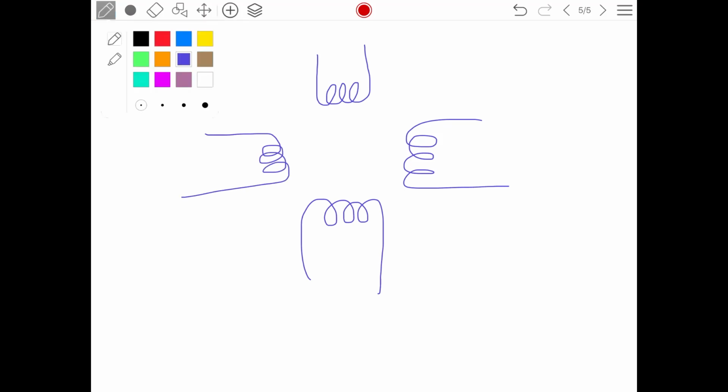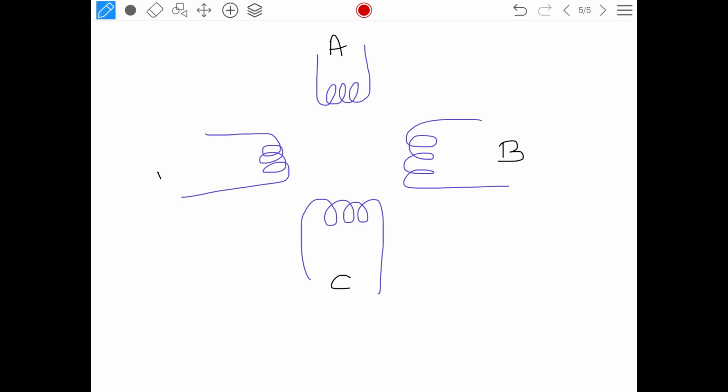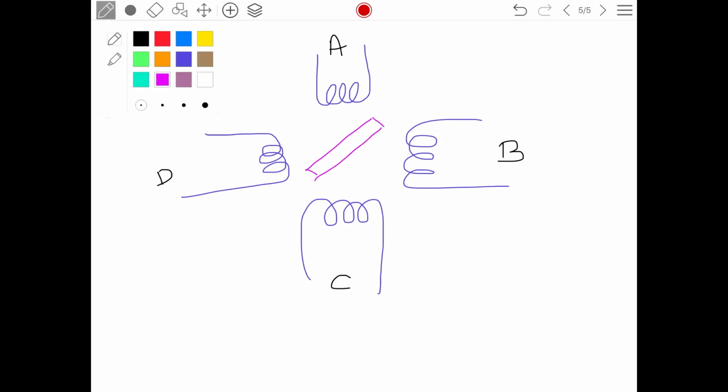Here I will write coil A, coil B, coil C and D. These are the stator windings. At the same time, we have a rotor winding also. As I told you, this rotor is permanently magnetized, so I am establishing a north and south pole.